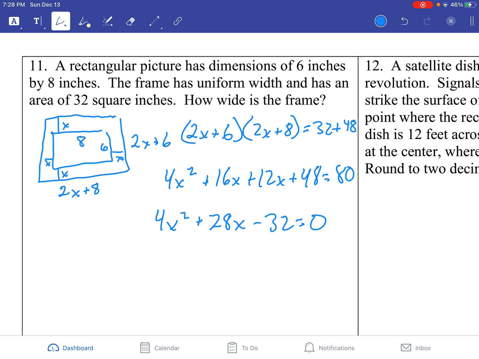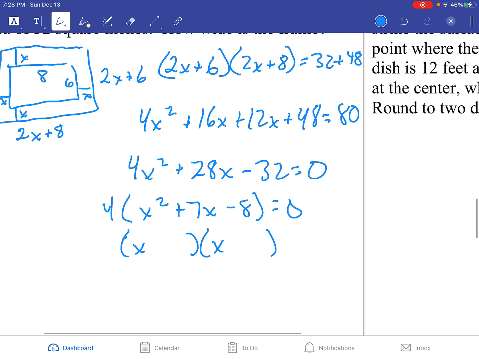This is our quadratic. Now, the nice thing about this quadratic is all these terms that have a 4 in them, we can take it out. We have x squared plus 7x minus 8 equals 0. Now we can factor that much easier. Okay, so we need two terms that multiply to give you negative 8 and add up to give you positive 7, it would be positive 8 and negative 1.